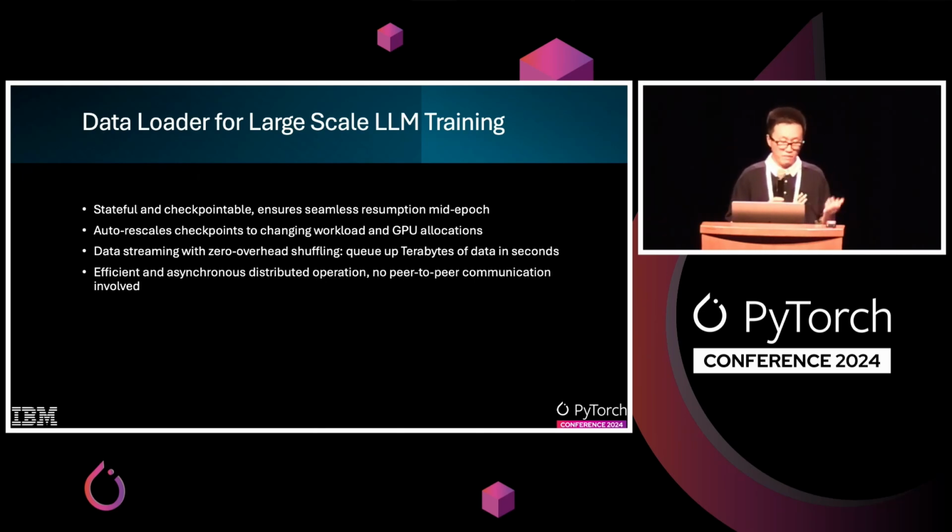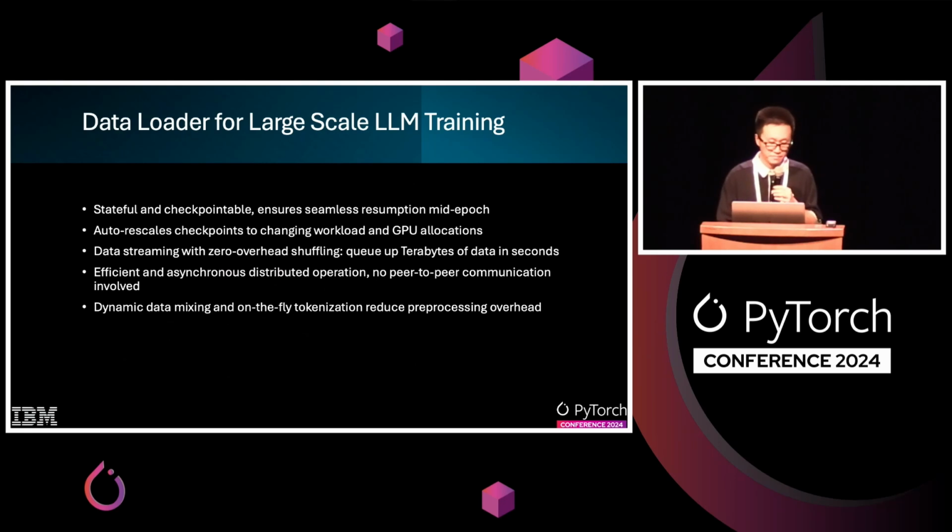And of course, we want the data loader to be fast and non-blocking. How to do non-blocking? For example, while saving the data loader state, we want the saving to be distributed and in an async form, so zero communication is involved.